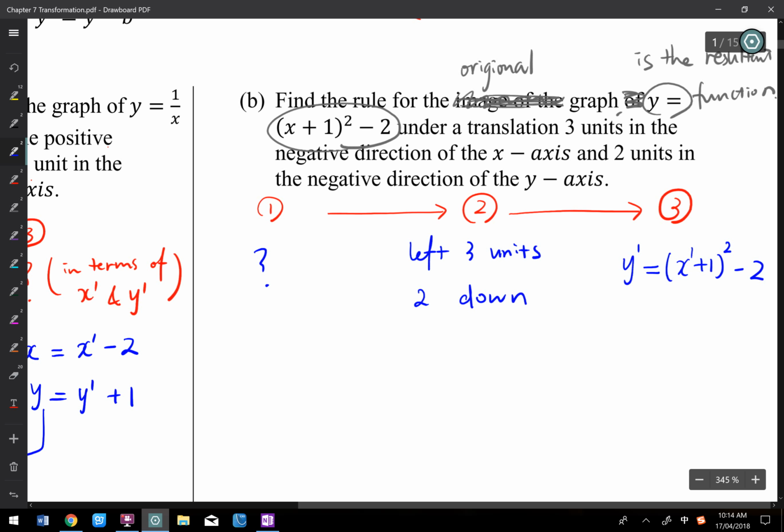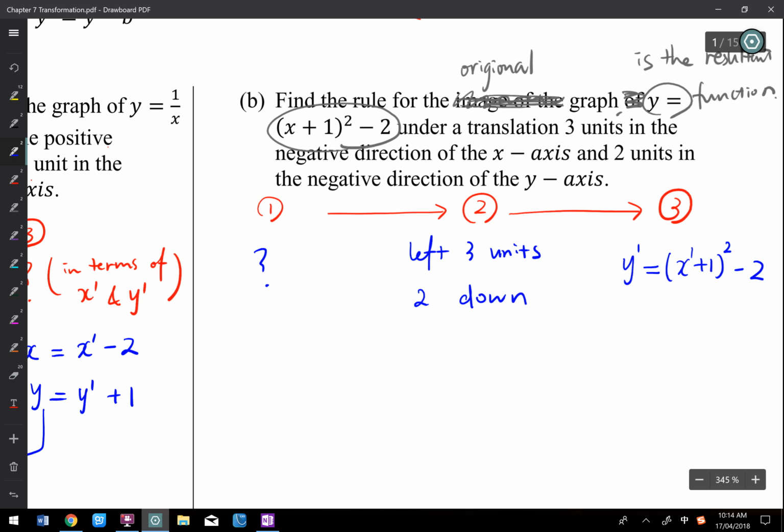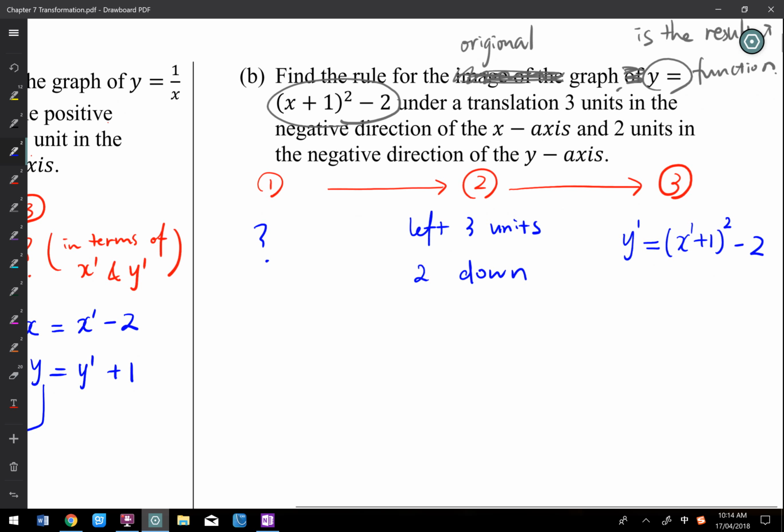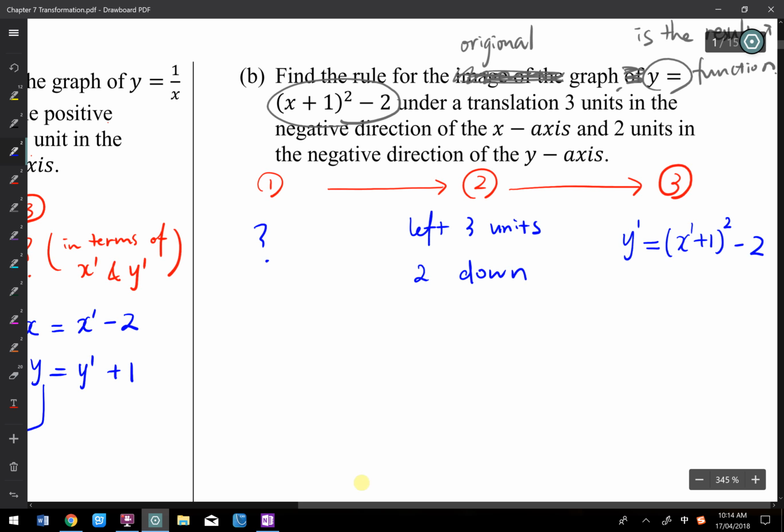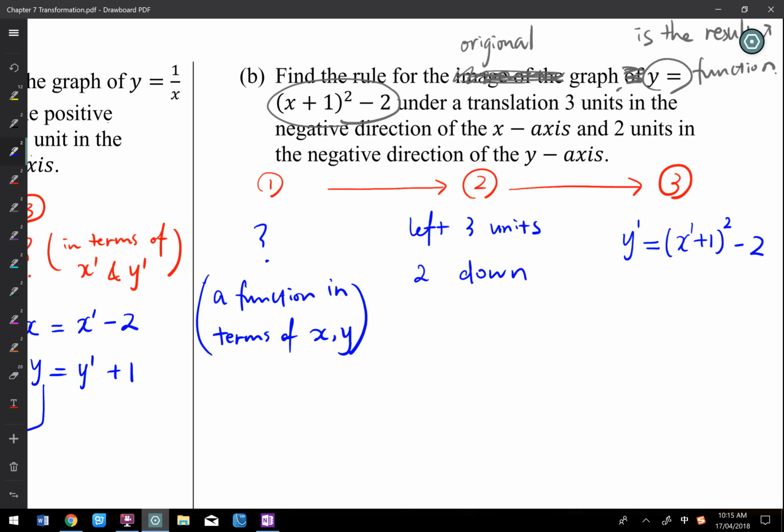What I want to achieve is a function in terms of x and y, because the original is in terms of x and y.